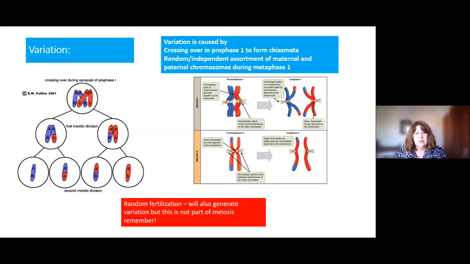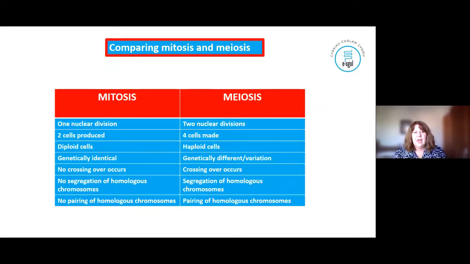Now, it's not part of meiosis, but another way in which variation is generated with gametes is that gametes are different from each other. So just random fertilization of different gametes will also generate variation. So again, it's another way in which you get variation as a result of producing gametes, but it is not part of meiosis.